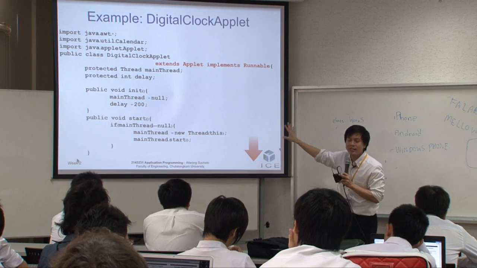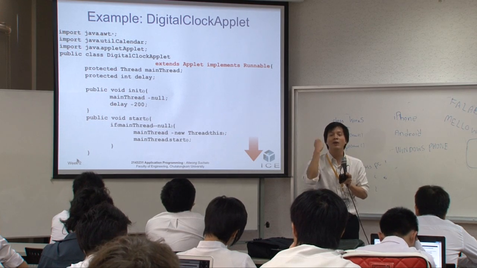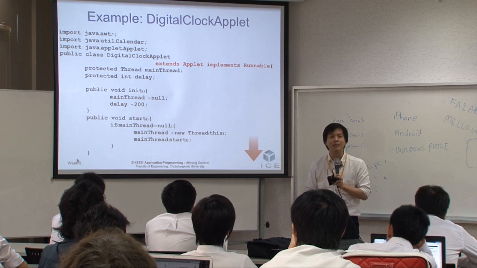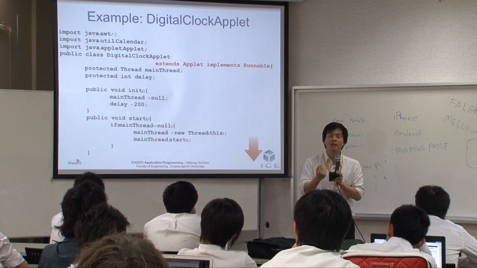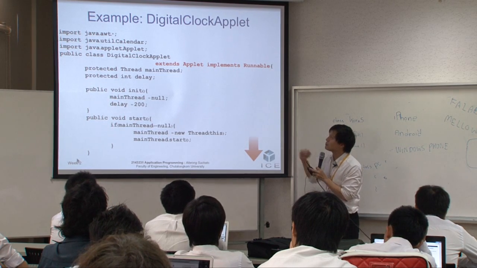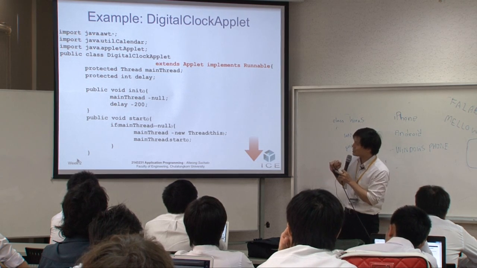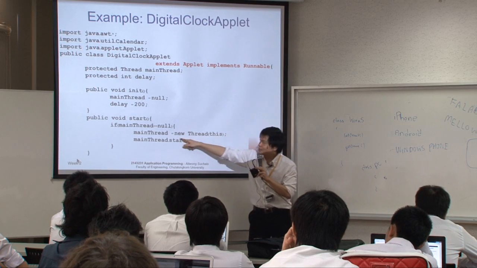Before this, we know that if we would like to have a thread that performs our own tasks, we create a subclass of the class thread and then override public void run. But in this class, we have that problem. There is one way to do it.